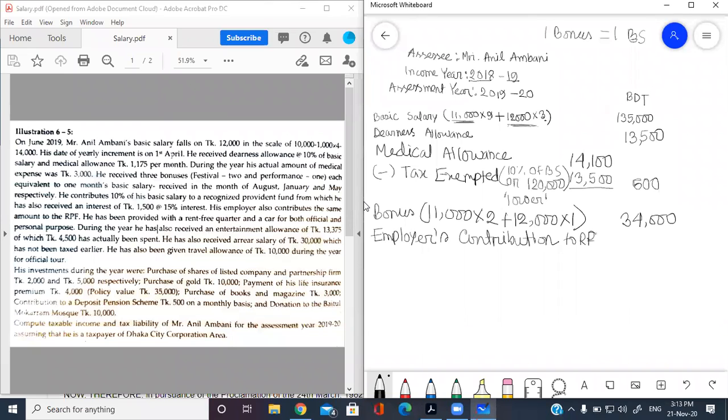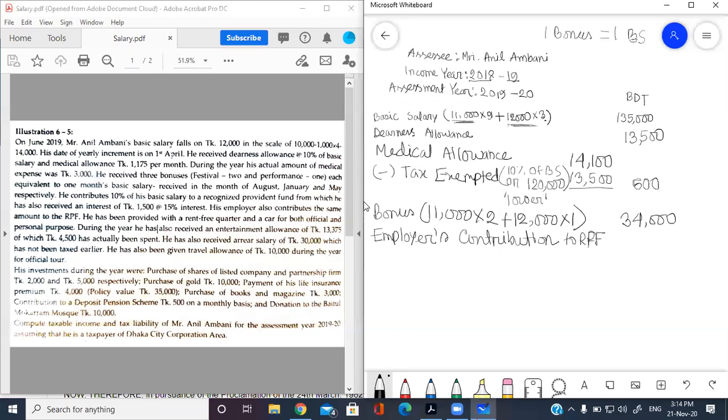Because the contribution made by Mr. Anil Ambani is not his income. Rather, you can say it is kind of his investment. But the amount he is receiving from the employer in a recognized provident fund is equivalent to his income.